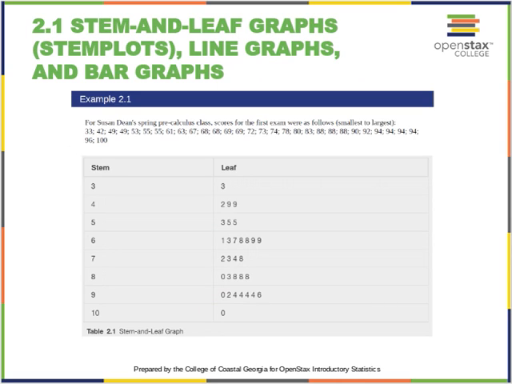Now what this does is it combines a frequency table with a little bit of a visual to see where in that bin the data really lies. For example, if we had changed the leaf on 4 to get rid of the 2 there, we have 499.